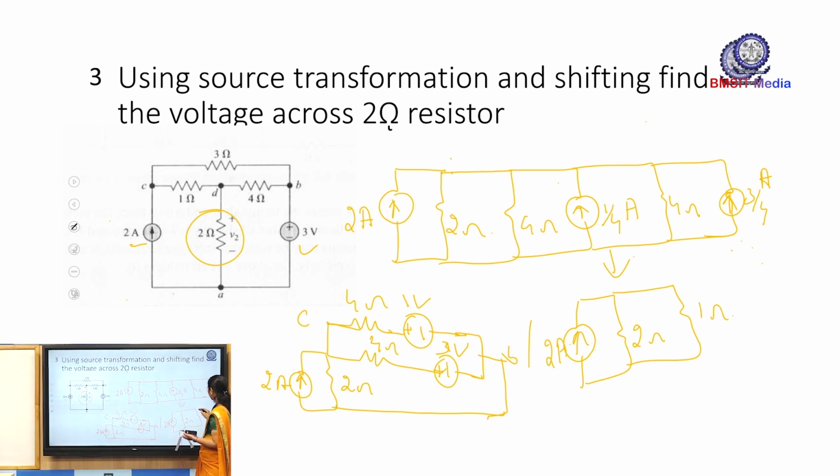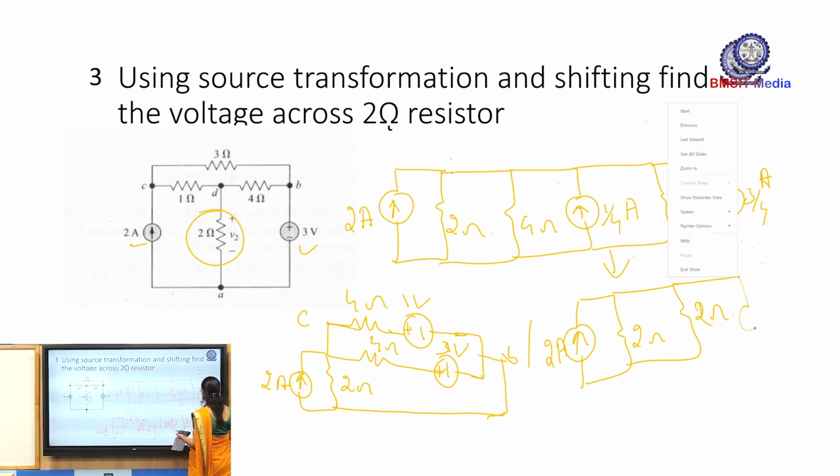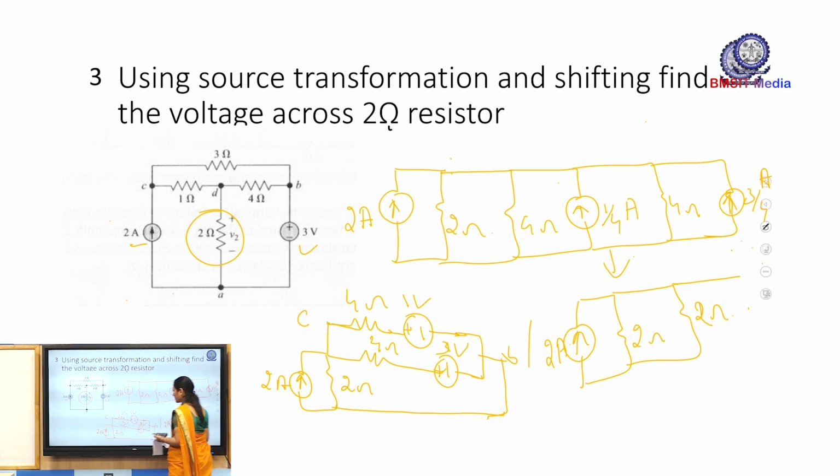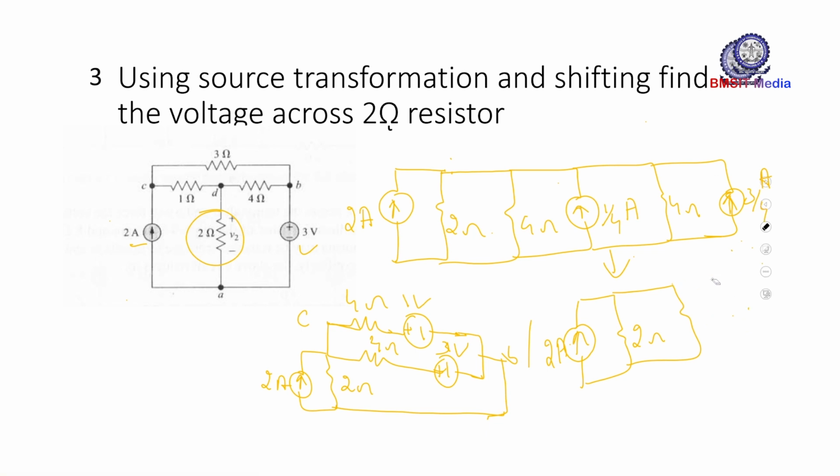Okay. So 2 ohms, this one is 2 ohms. Again you have current sources, total current source.